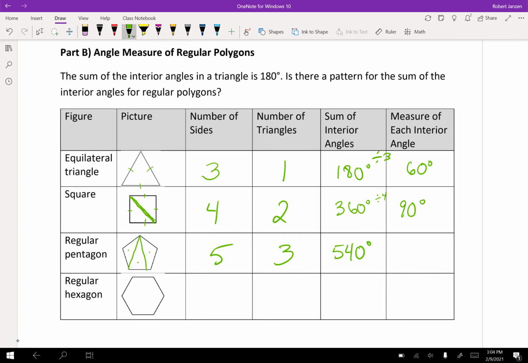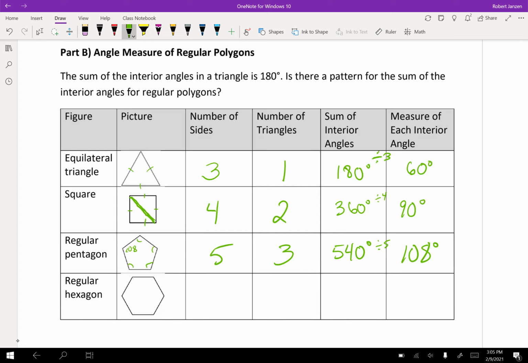That's how many degrees will be inside a pentagon. And if there are 5 sides, if I divide by 5, I end up with each angle being 108 degrees.